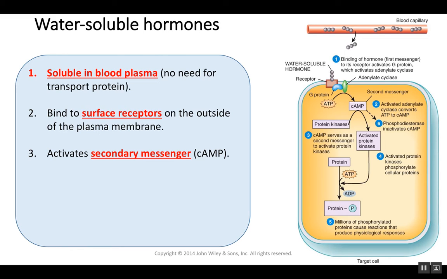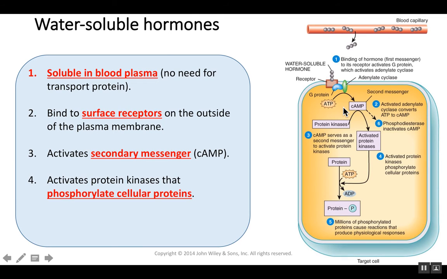A very common secondary messenger used by many cells is known as cyclic AMP or cAMP. And once that cAMP is produced, what often follows are phosphorylation events. Phosphorylation means adding phosphate to proteins. And adding a phosphate to a protein often turns that protein on.